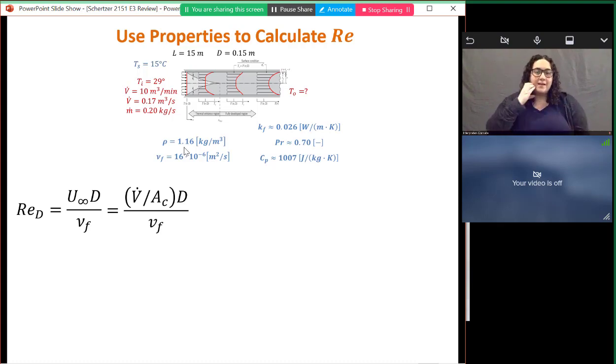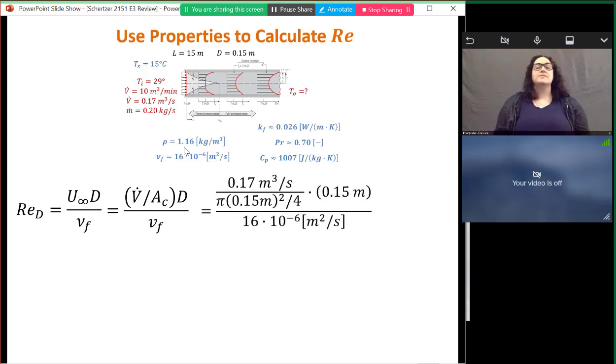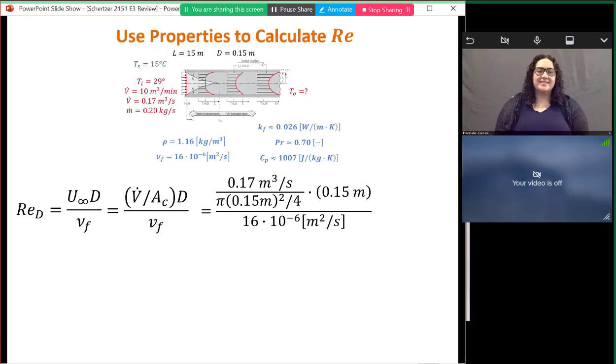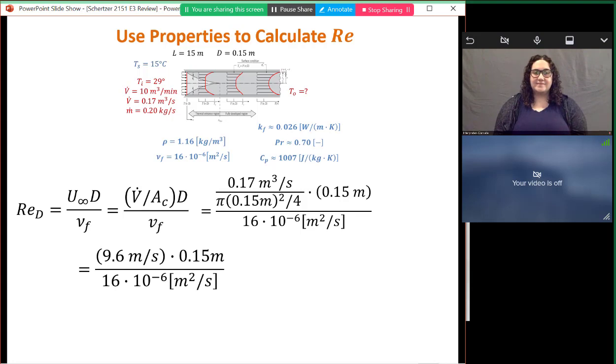I don't know the velocity coming into the pipe, but I do know the volumetric flow rate, and I can find the cross-sectional area, right? So if I divide the volumetric flow rate by the cross-sectional area of my pipe, then I can get a velocity. That's what I've done here. I worked that out separately in my calculator.